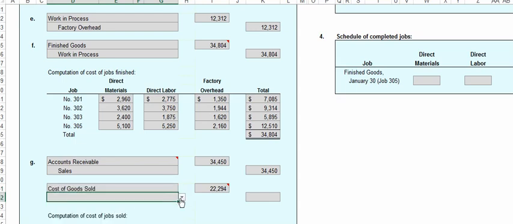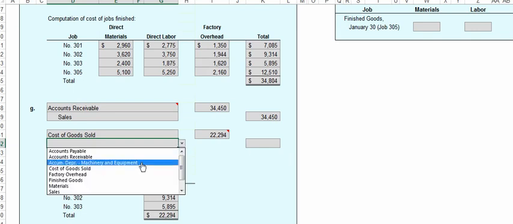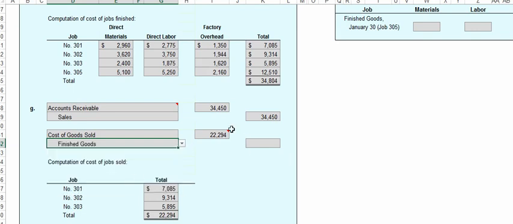And the account to credit is the inventory account, finished goods, $22,294. Now that takes us through the journal entry portion.